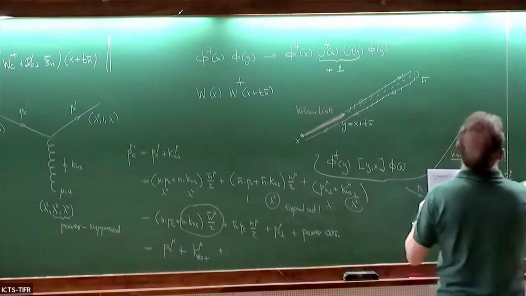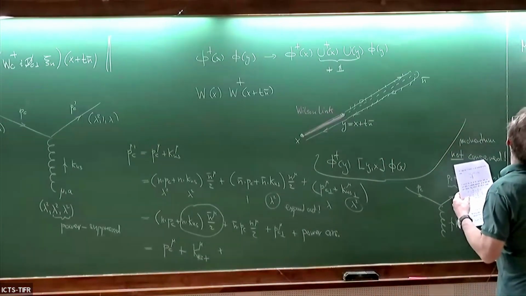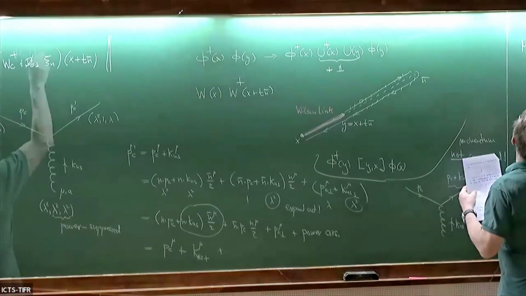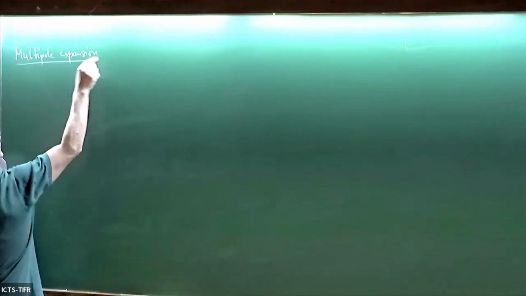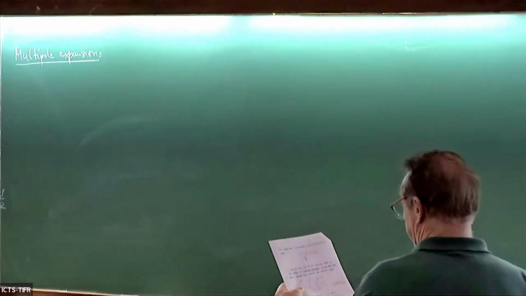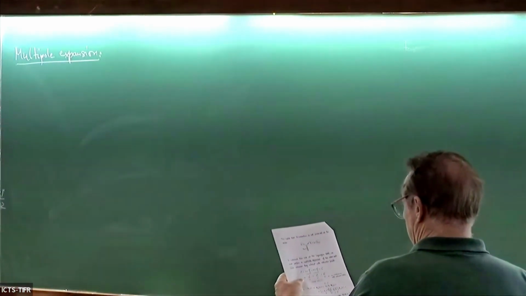And the trick to do that is called the multipole expansion, which maybe you remember from your E&M courses when you discuss potentials of charge distributions at long distance in Maxwell theory.